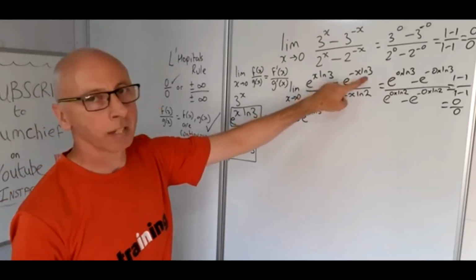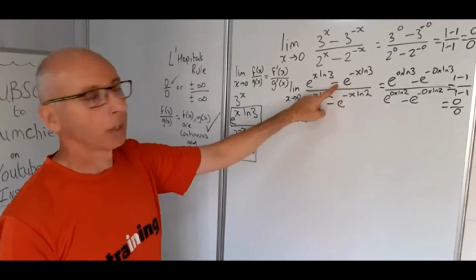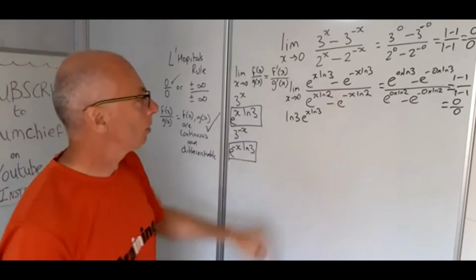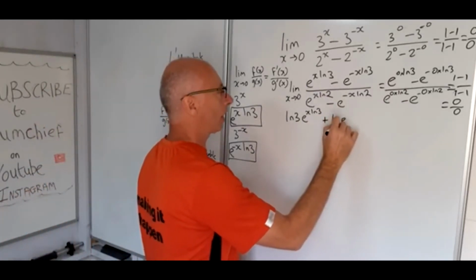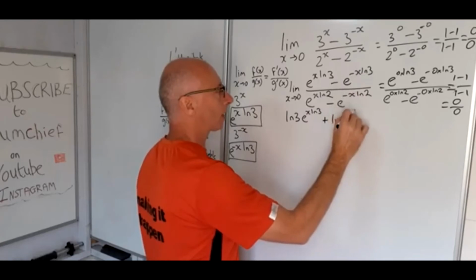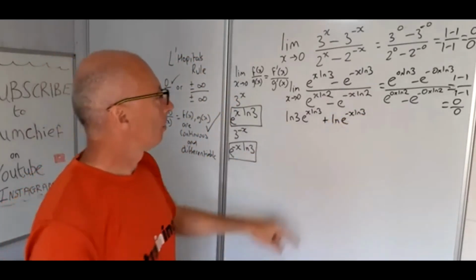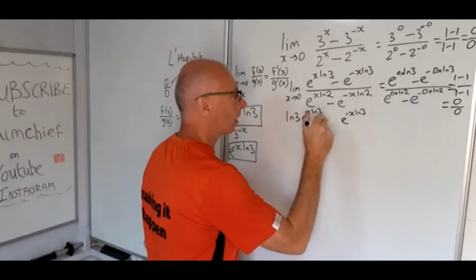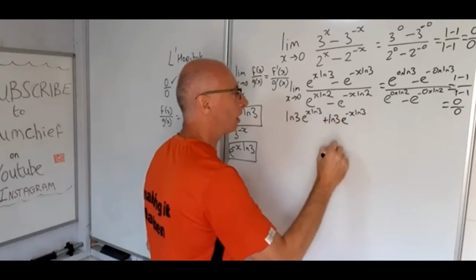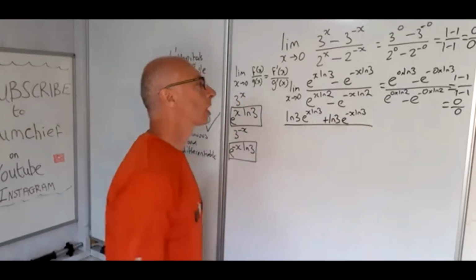So negative ln 3 is our constant here, so we bring that out front. Along with the negative here, we end up with a positive. So positive ln 3, and then the e to the minus x ln 3 stays. That's that one.